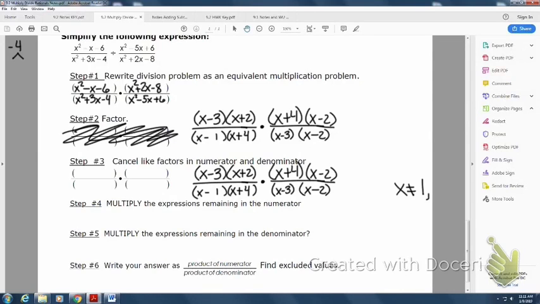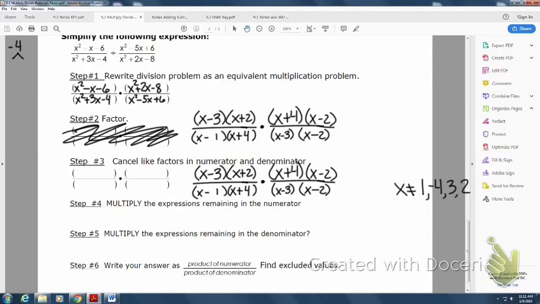So if this one gave us 1, this one would give us what? X equals negative 4. Okay, Tanner. And Trent? 2. Okay. So there's my excluded values for this problem.